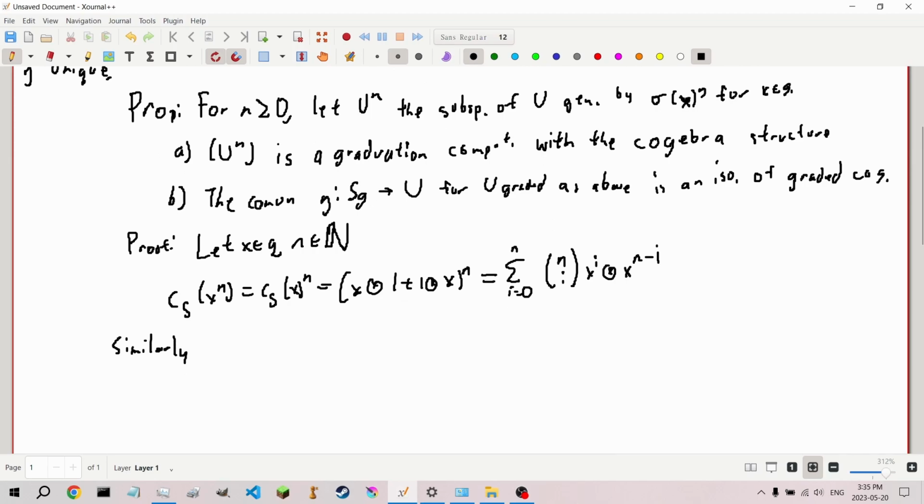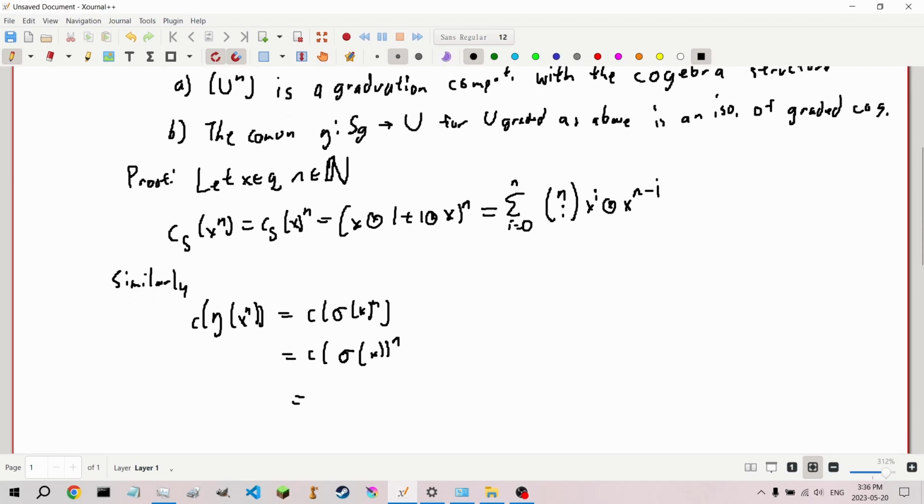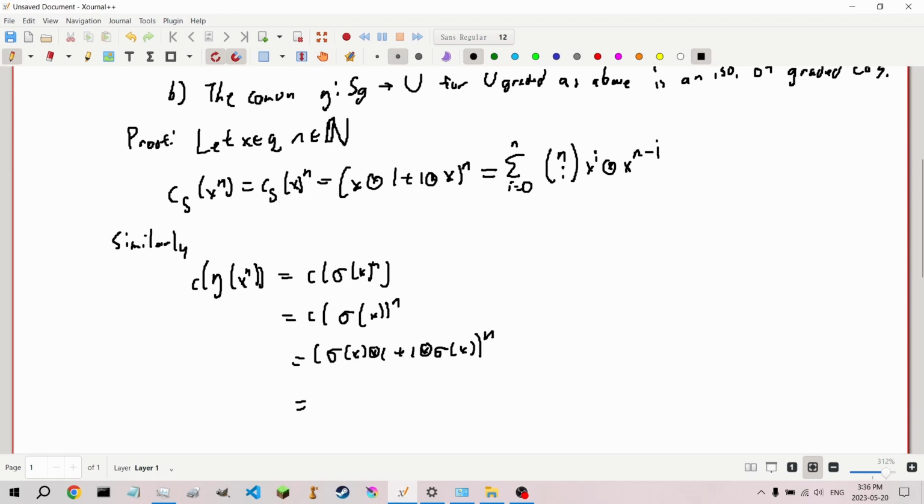Similarly, we get that c of eta of x to the n is c of sigma x to the n, which is sigma of x tensor 1 plus 1 tensor sigma x to the n, which is, as above, the sum from i equals 0 to n of n choose i of eta of x to the i tensor eta of x to the n minus i.